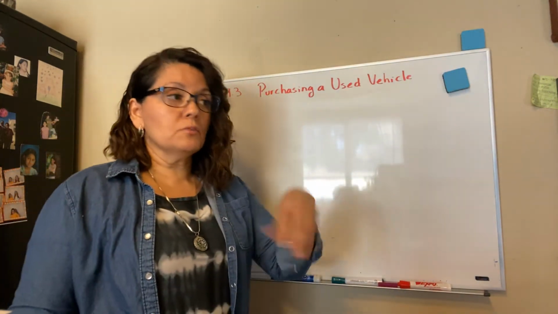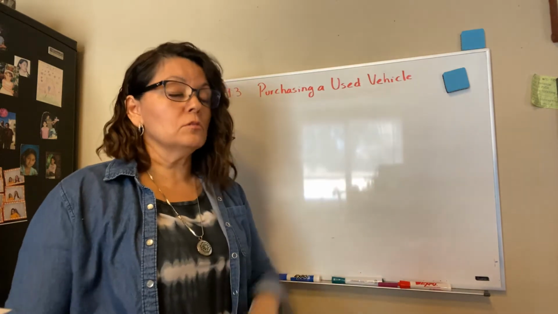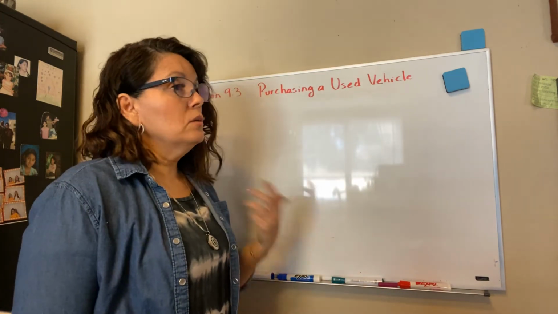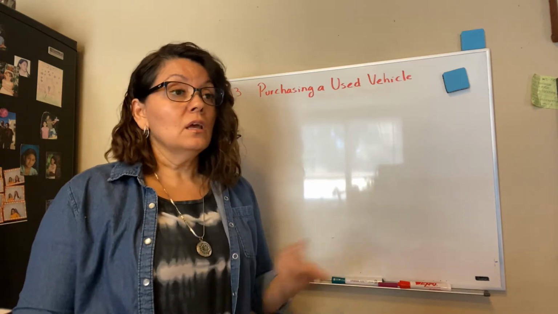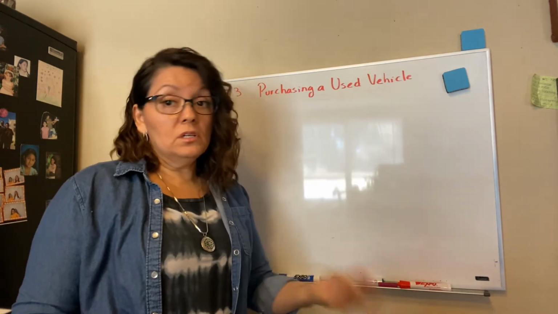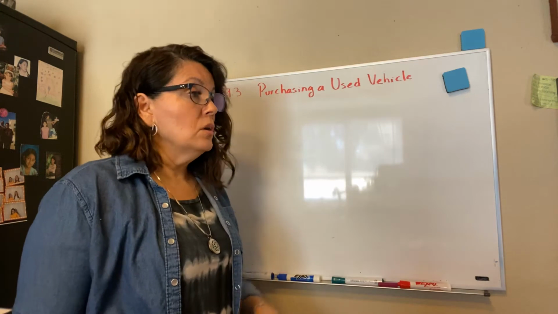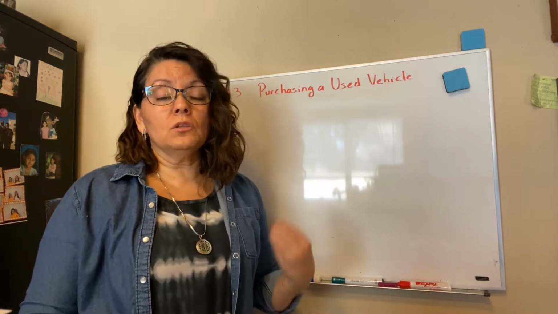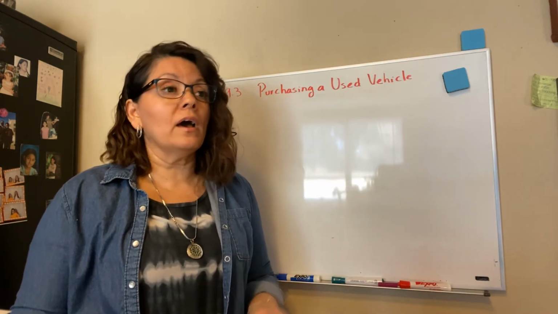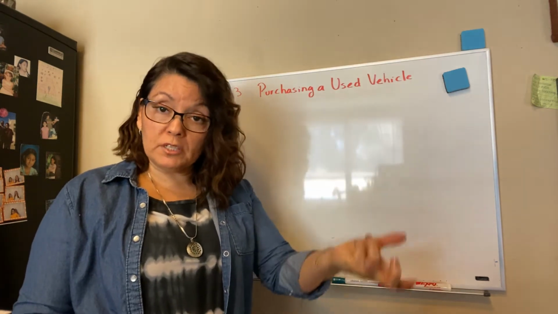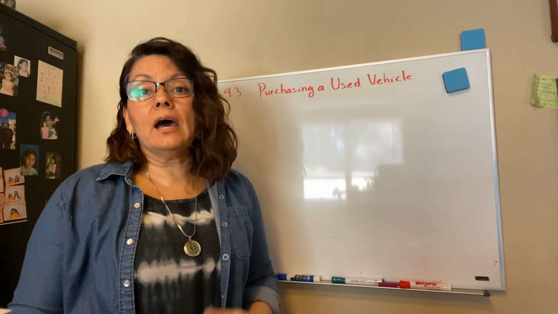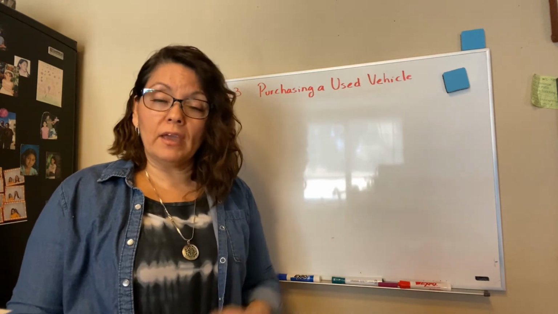You can also buy cars from a particular person, and you can buy from the government, from insurance companies when they take the cars, or from dealers. So if you go to auctions, you have to be very careful. Or when you buy from a particular person, you need to ask if that car was involved in an accident.